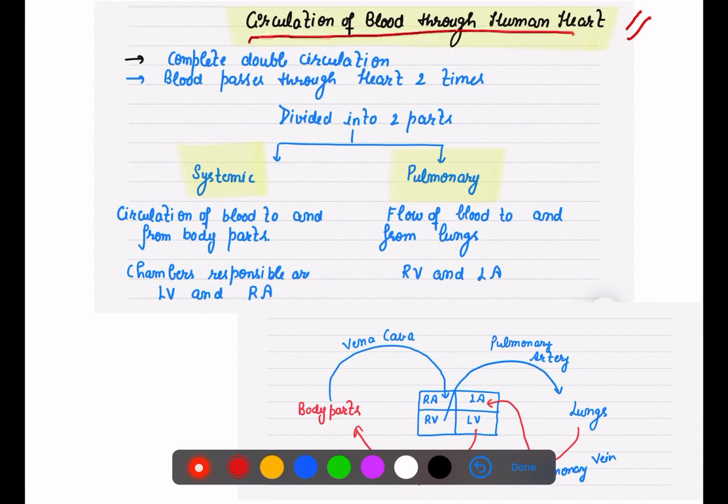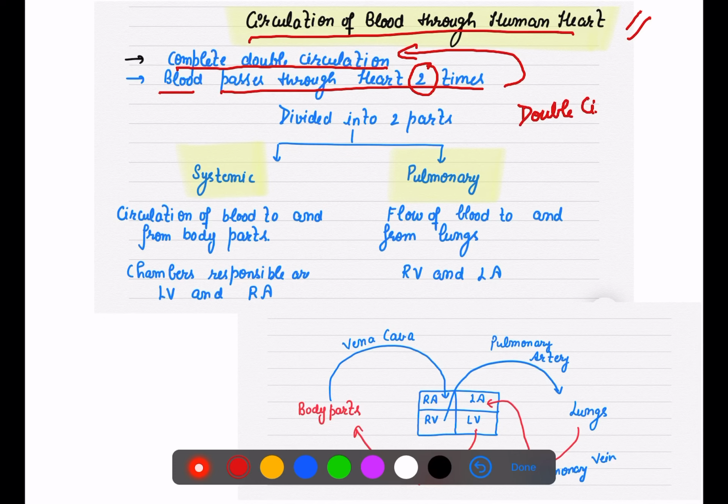As you now understand completely, the human heart shows complete double circulation. Double circulation means our blood passes through the heart how many times? Two times. And that kind of circulation, when blood passes through the heart two times, is known as double circulation.